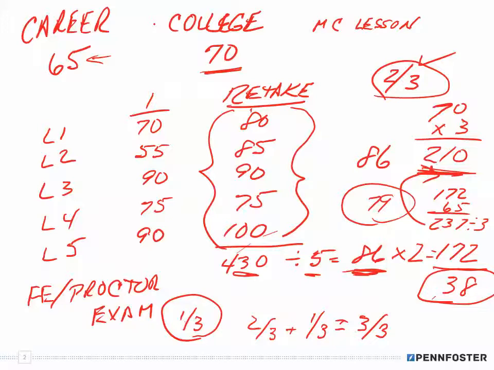Now, what does this mean to you, okay? And this is kind of important, all right? Now remember, we have lesson exams, and we have our final exam, proctor exam, right?